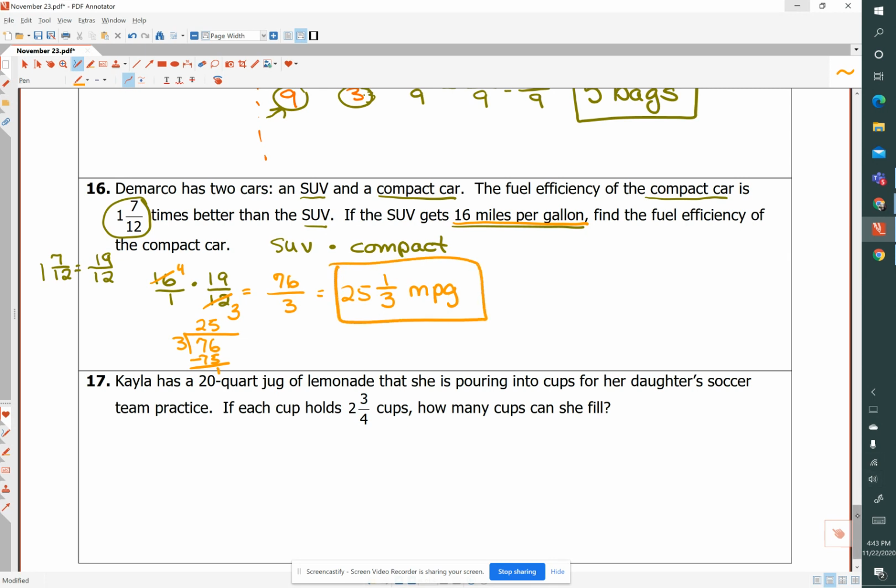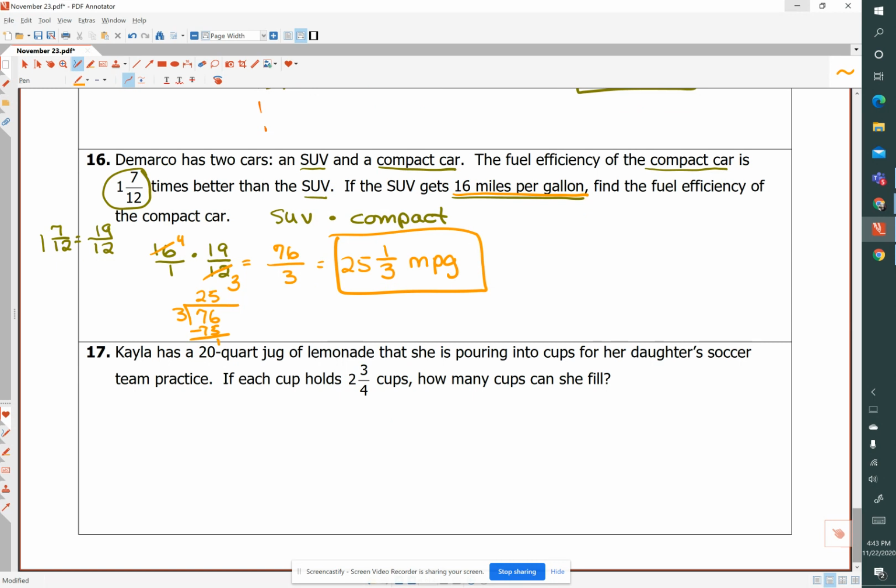Our final problem of the day is about Kayla. Kayla has a 20-quart jug of lemonade that she is pouring into cups for her daughter's soccer team practice.